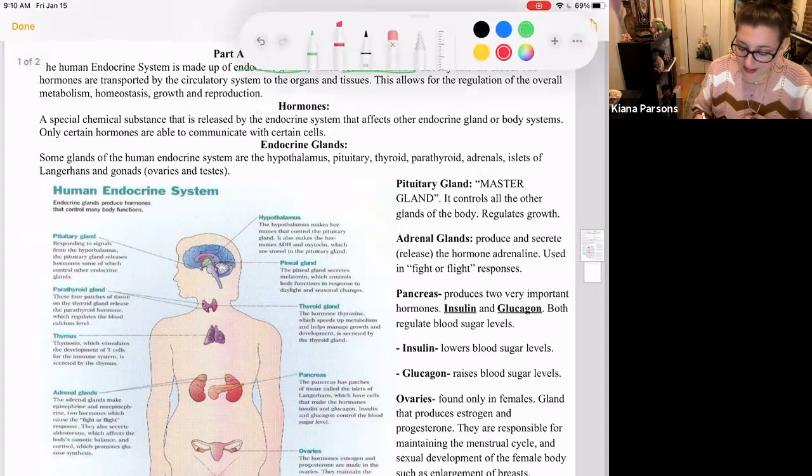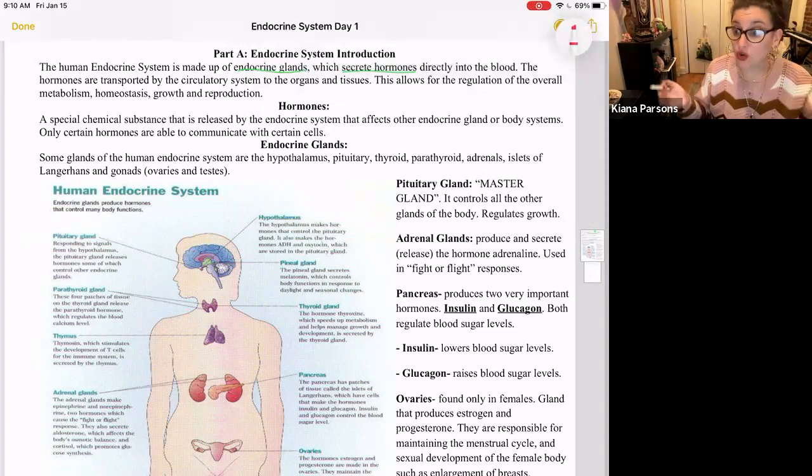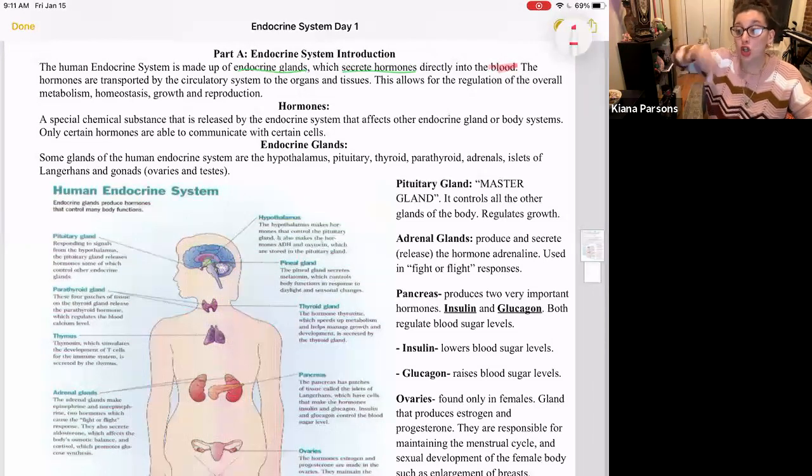And just like nutrients and gases, they travel through the blood. So the method of communication in the endocrine system is slow chemical communication. Why is it so slow? It's because it's traveling through the circulatory system with everything else, right? One of the passengers in the bloodmobile was hormones.